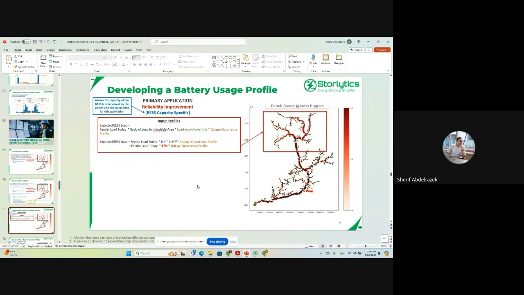But we're not expecting that all year. We're expecting it only during outage events, which, we said, we know the duration and frequency of occurrence.